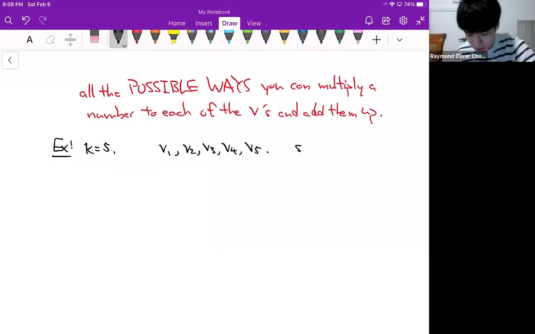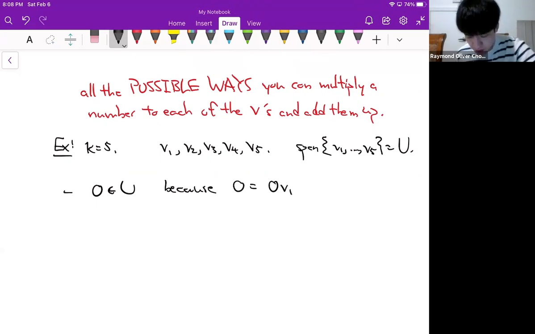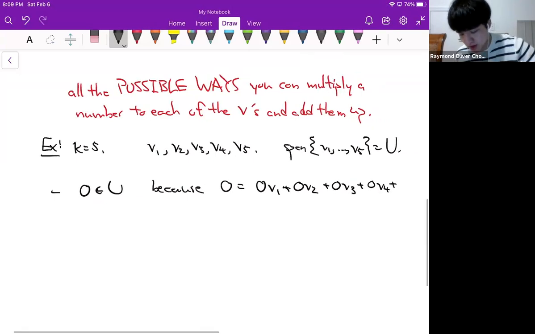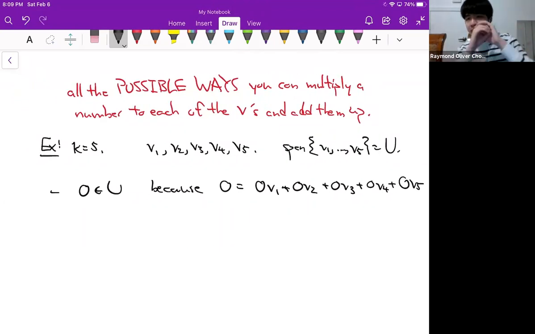So let's call the span of this set U. So first of all, 0 is in U because 0 is equal to 0 times V1 plus 0 times V2 plus 0 times V3 plus 0 times V4 plus 0 times V5. So anything, literally anything that you can get by multiplying a number in front of each one of those 5 things and adding them together is in the span of those things, right? Because that's precisely what it means to be in the span.